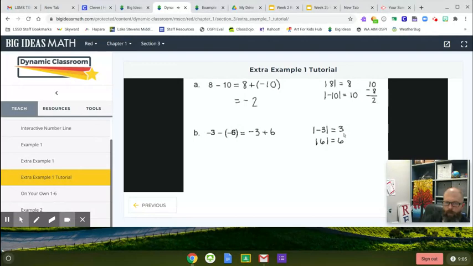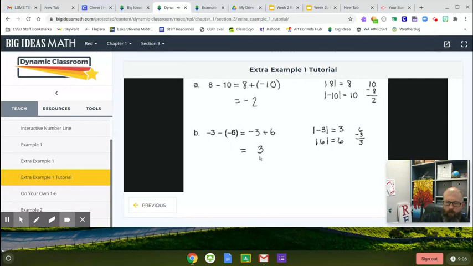So in our answer we have a 3. Now we need to figure out what sign it is. We take the sign from the greater absolute value. 6 is greater than 3, and in our problem 6 is positive. So our answer is positive 3. Negative 3 minus a negative 6 is equal to 3. Finally, let's try one more example. 2 minus a negative 4.